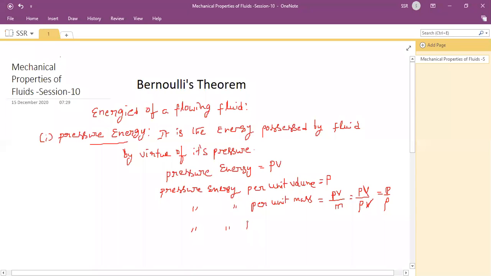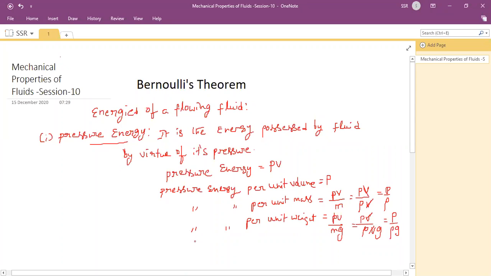Similarly, pressure energy per unit weight is equal to PV by weight mg. That is equal to PV by rho Vg, where m is rho V. Then P by rho g. What is the name that I said?